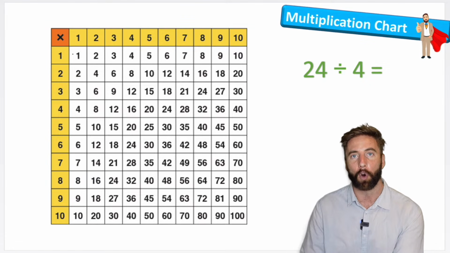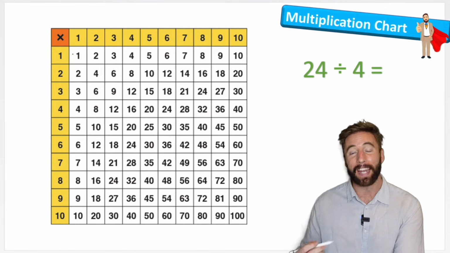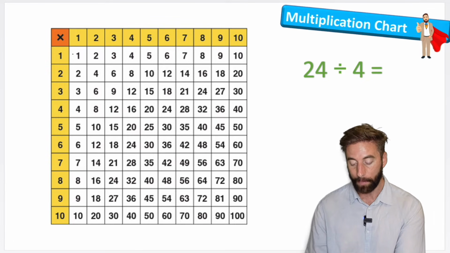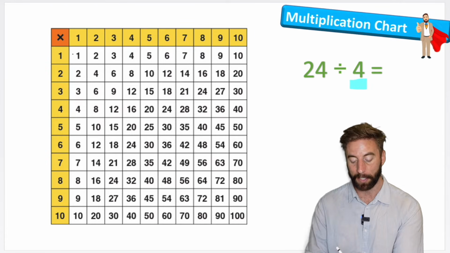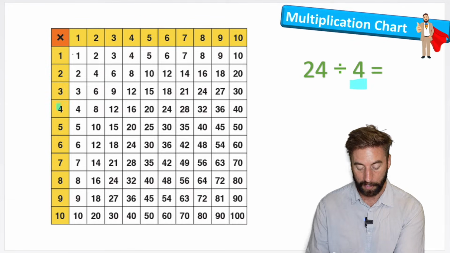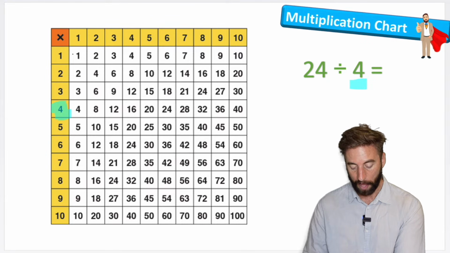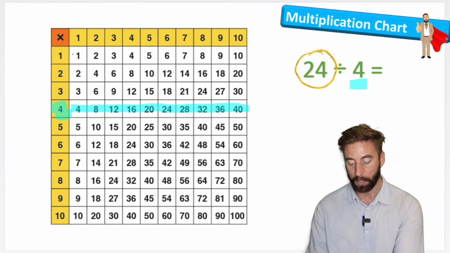24 divided by 4. How do we solve this sort of question using my multiplication chart? So again, it doesn't really matter if I start on the side or the top. I'm going to choose the side, and I'm going to look for the number 4 because that's the single number, the one that I can actually find on my side or my top. And here it is. Now all I need to do is draw that line across, and now I'm looking for, on that line, the number 24.